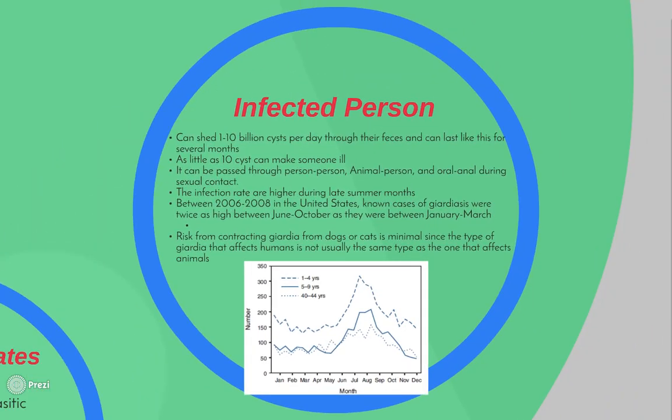An infected person can shed about 1 to 10 billion cysts per day through their feces, and this can last for several months. Think about that, 1 to 10 billion cysts per day through their feces.